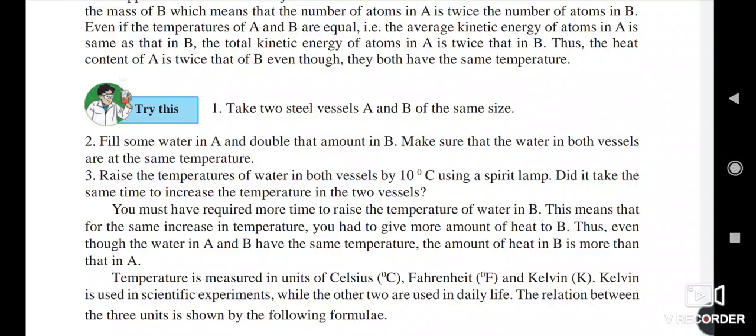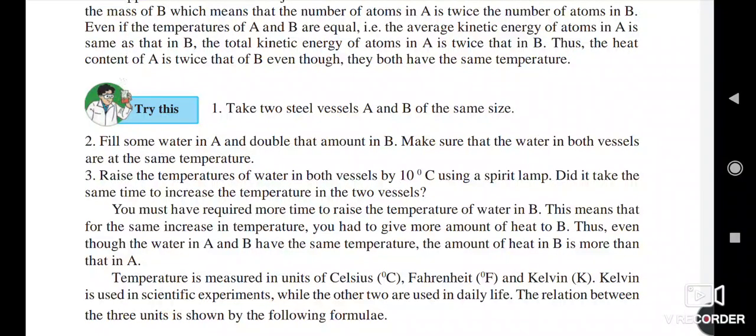Make sure that the water in both vessels is at the same temperature. So the temperatures in vessels A and B are the same. Raise the temperature of the water in both vessels by 10 degrees Celsius using a spirit lamp.